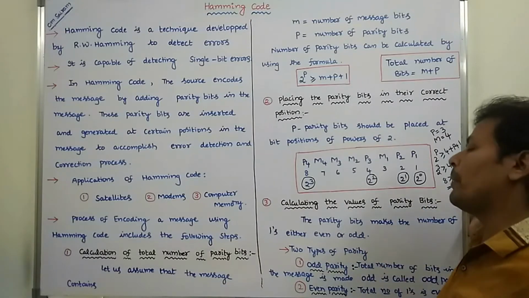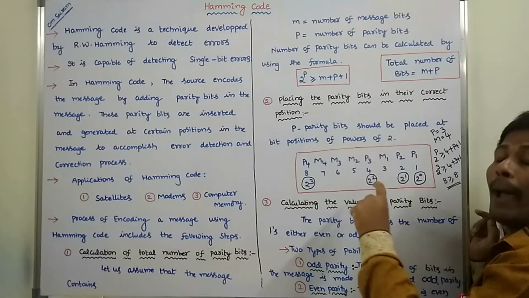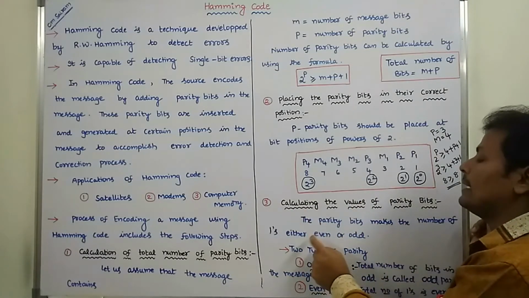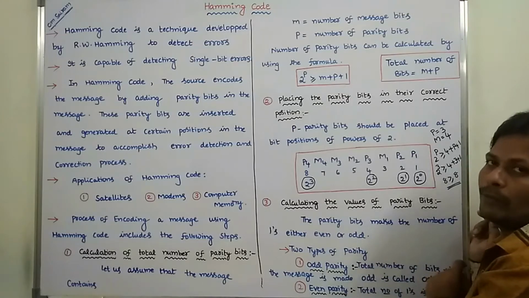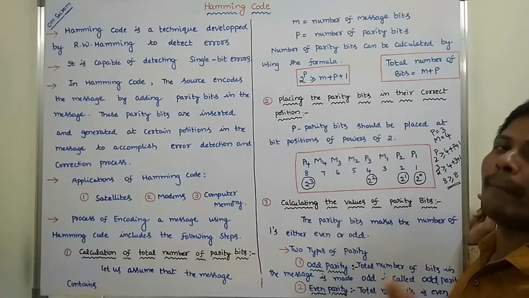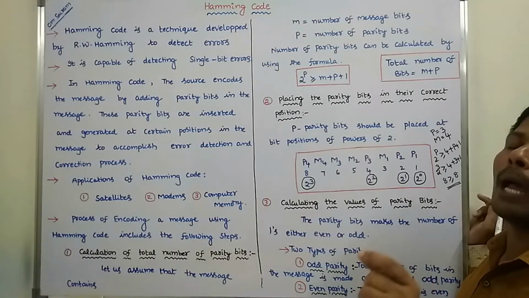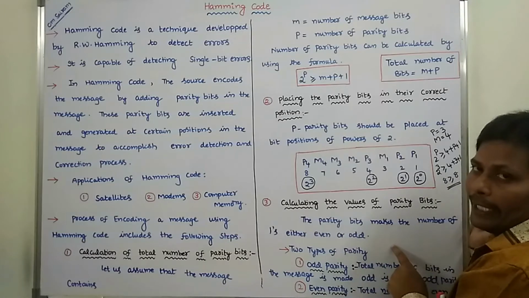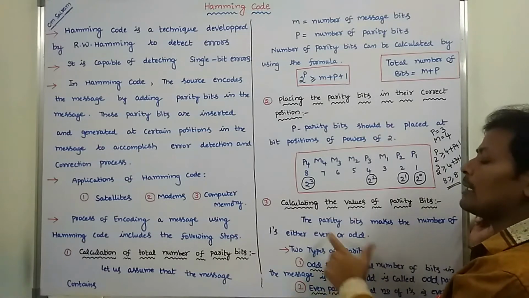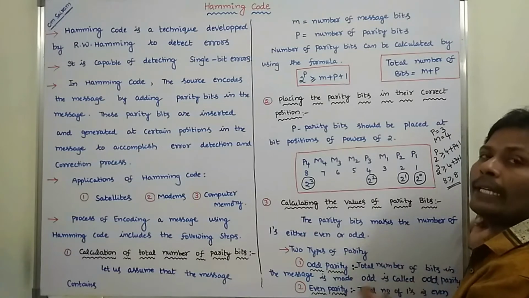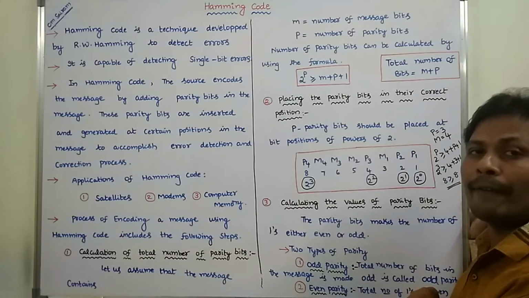Before going to that, the parity bits make the number of ones either even or odd. Once we add the parity bits to the message bits, the total number of ones may be either even or odd. So there are 2 types of parities: one is odd parity and the second one is even parity.